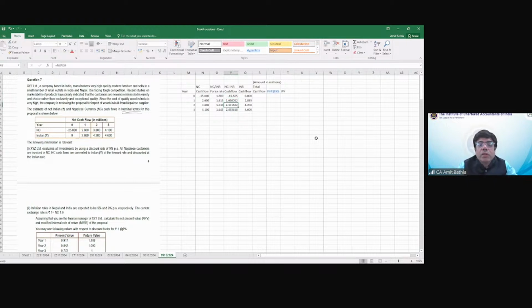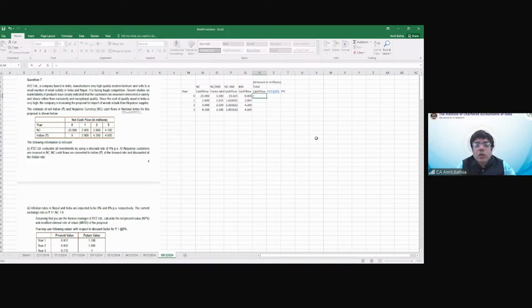So I do the same thing for all the cash flows. Now here you can see, obviously in Excel you will get multiple decimals. You may always keep this limited to 3 digits or 4 digits max, right? All right. Now, what will be my total cash flow?